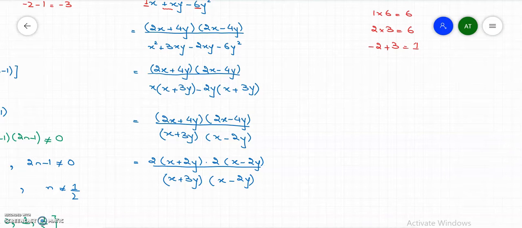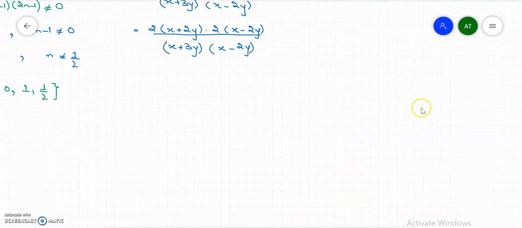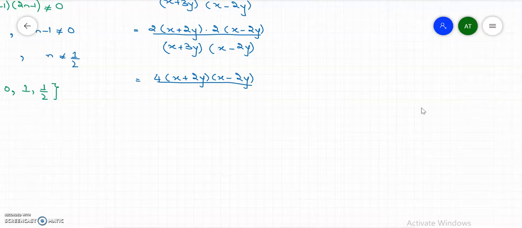Let me simplify it further. So it would be equal to 2 times 2, which is 4, and the factors are x plus 2y and x minus 2y, and in the denominator we have the factors x plus 3y and x minus 2y.